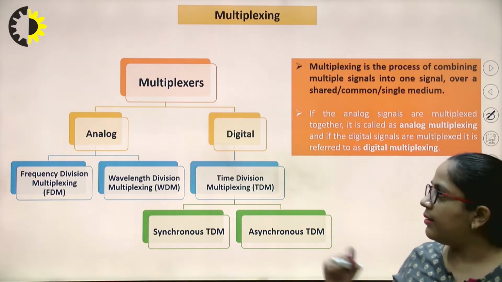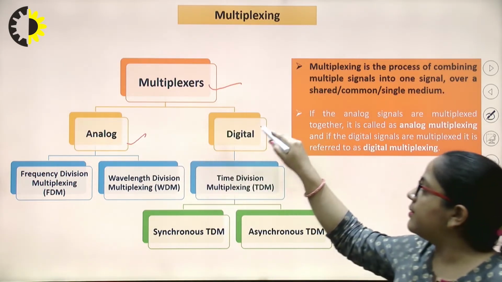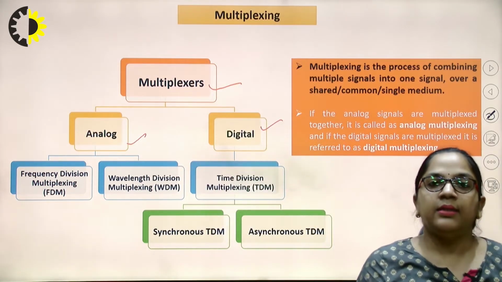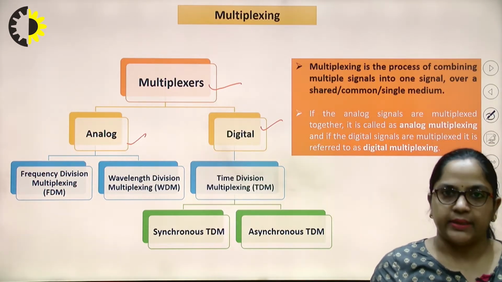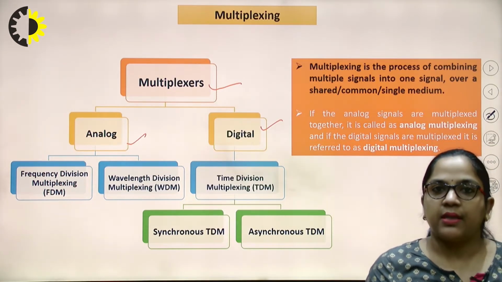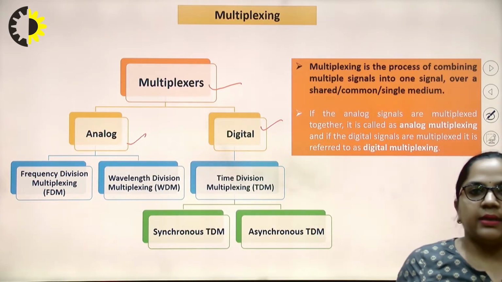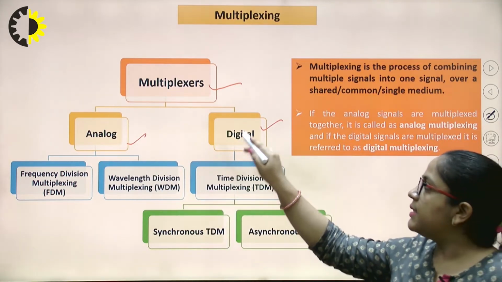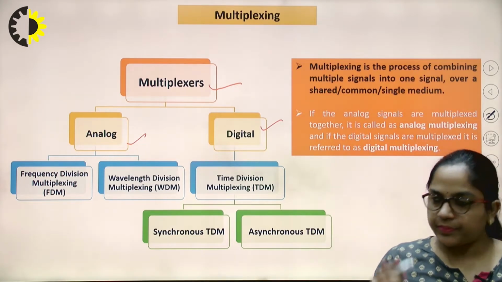We can categorize multiplexers as analog multiplexers and digital multiplexers, depending upon what kind of signal we want to multiplex. If we want to multiplex analog signals, then we go for analog multiplexers. If we want to multiplex digital signals, then we go with digital multiplexers.